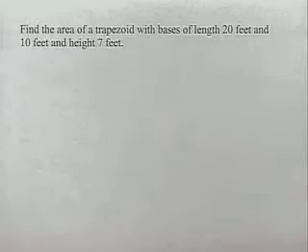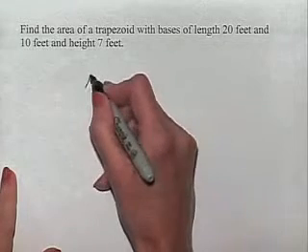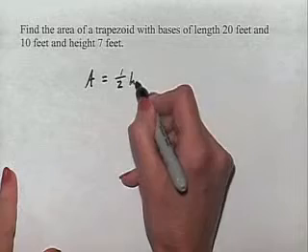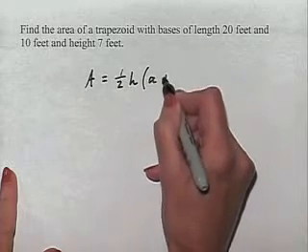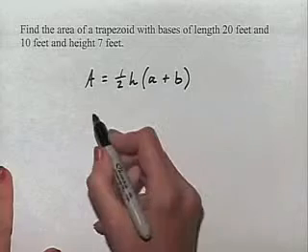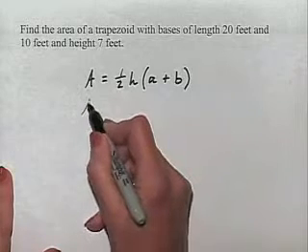Next, let's look at finding the area of a trapezoid. Find the area of a trapezoid with bases of length 20 feet and 10 feet and height 7 feet. Our formula for the area of a trapezoid is area equals 1/2 h times (a plus b), where a and b are going to be the lengths of the bases. So we'll substitute in our given values.